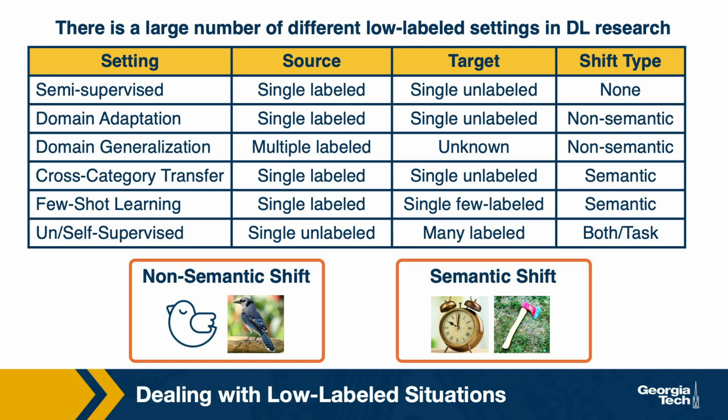Domain adaptation, for example, looks at if you have a single labeled data set and a single unlabeled target data set, but there's no semantic shift. That is, the label space is the same, you have the same categories, but you might have some type of non-semantic shift. That is, you might go from natural world images to sketches.